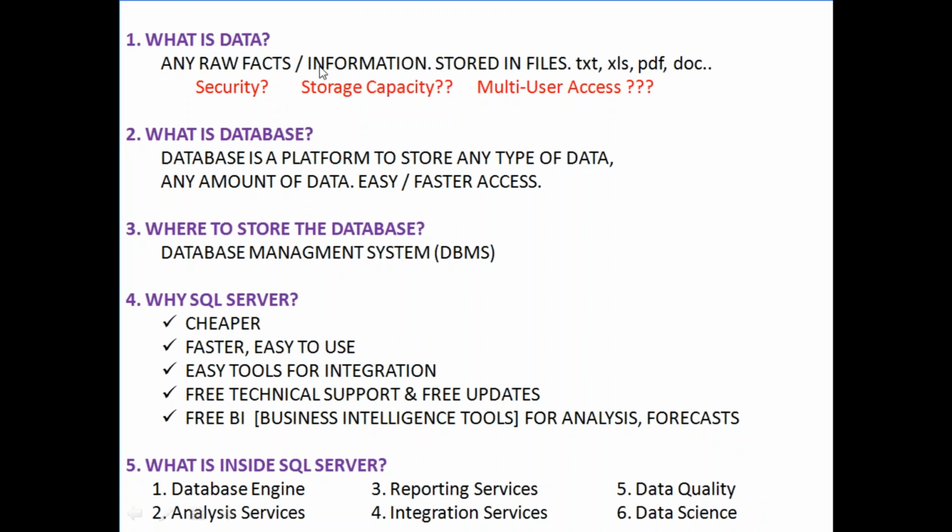Of course they are still available, but there are some issues with this traditional data store with respect to security, storage capacity, and multi-user access. To address these limitations, we have database.